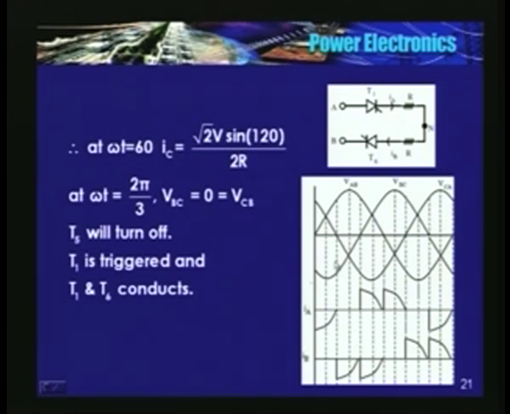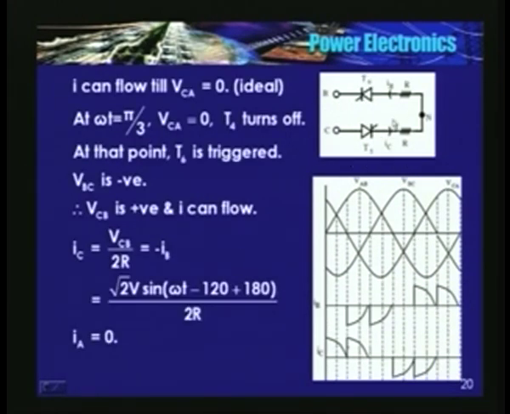T5 has to turn off at this point. Because in this direction, for current to flow in this way, C should be at a higher potential than B. So that means VCB should be positive. So when it is 0, T5 turns off. Where does it become 0? At this point it becomes 0. So at that point T5 turns off.